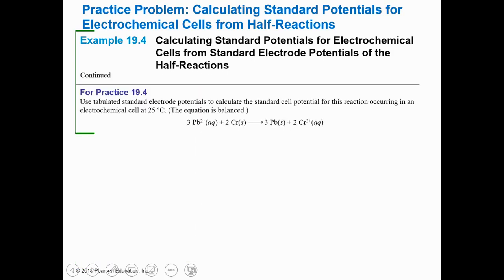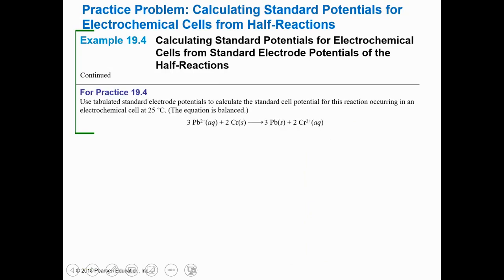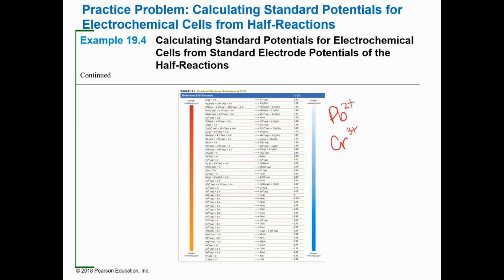All right, so here's another one. We've got lead and chromium. So we go back to our chart. It was Pb2 plus and Cr3 plus. I just want to double check. Yes. Okay, so our lead is 0.13, and that's negative. And our chromium is 0.73, negative.